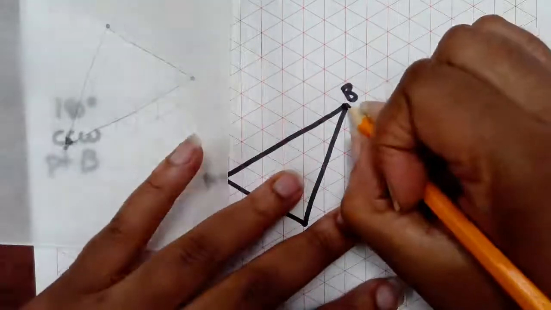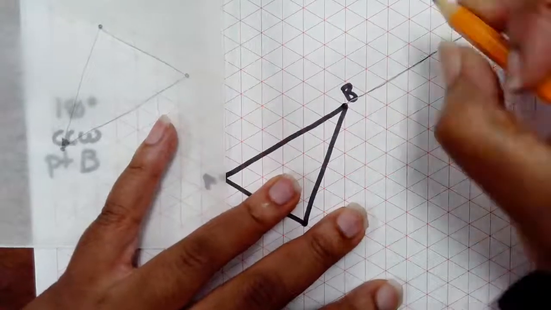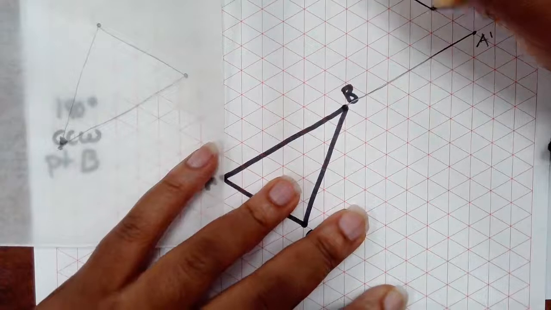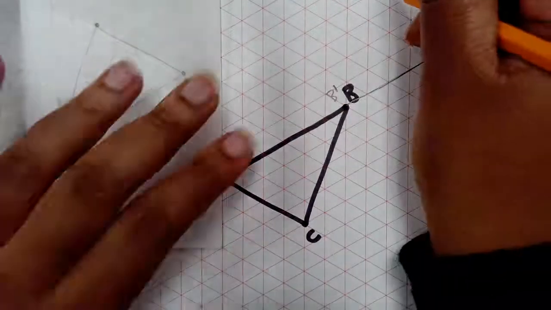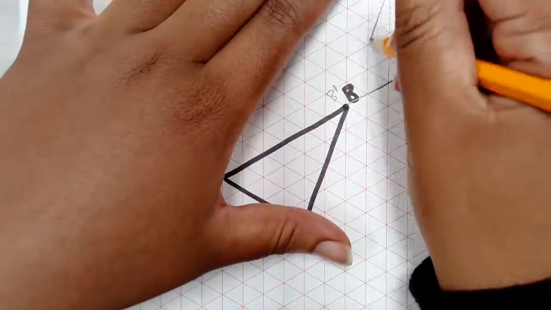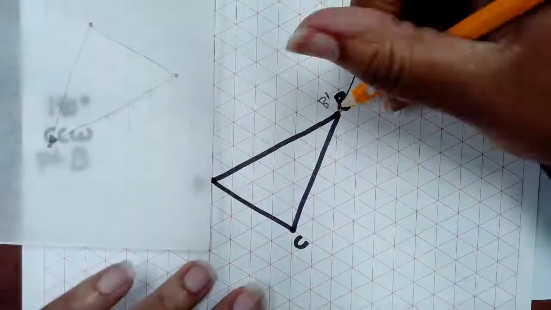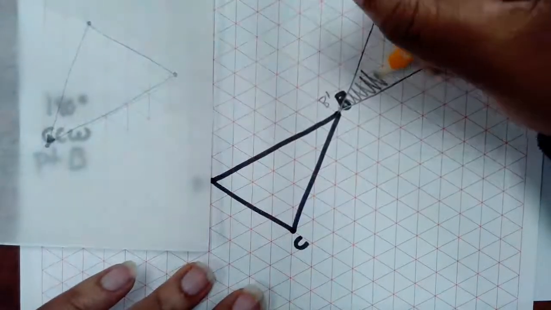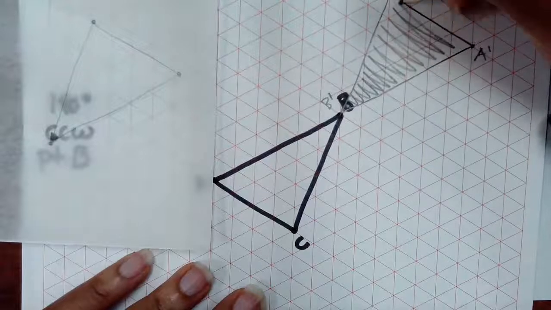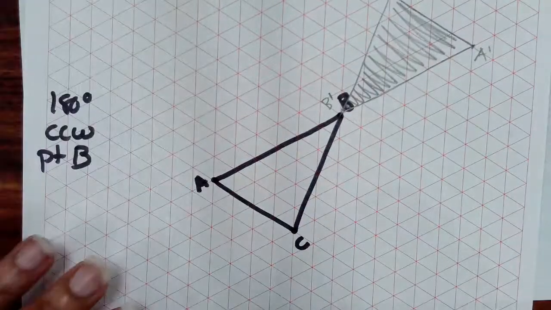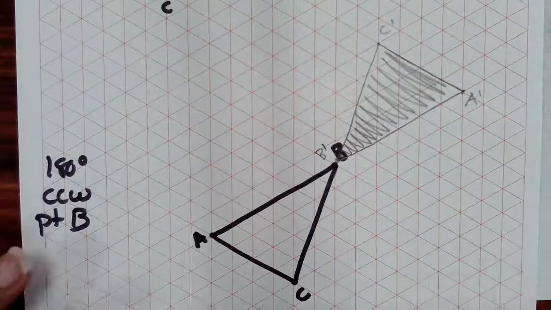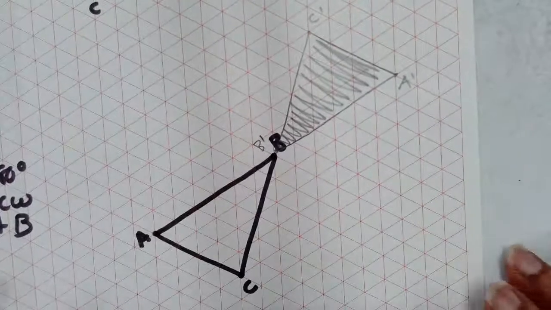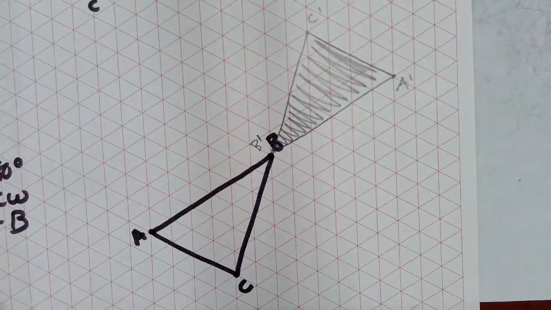And like we did on the regular graph paper, we rotate around B. So B prime and B will share the same spot. And there I have rotated triangle ABC 180 degrees counterclockwise around point B to create my new triangle, which is triangle A'B C'.